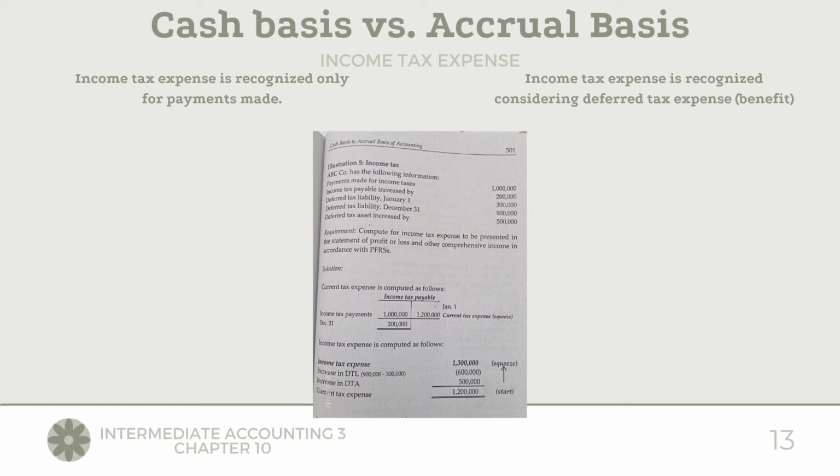Saka pa lang natin nakukuha yung current tax expense na 1.2 million na nasa problem natin. At pag sinubtract natin yung income tax payment na 1 million minus the 1.2 million, makakuha natin yung answer na 200,000 kung saan ito ang ilalagay natin sa statement of profit or loss and other comprehensive income.